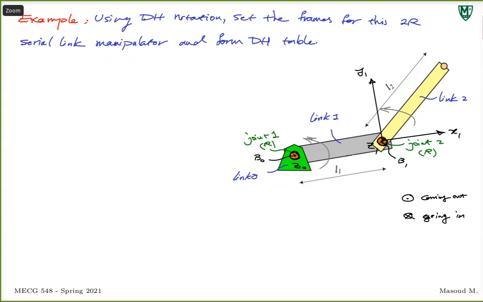Once we find that, we follow the rule for the z-axis. Then we go to joint 1, because it's a joint where we know something about what is before it. If you start from the base link, you don't know anything about the base frame or ground, so you kind of get lost there. So start from 1, follow the rules, find x1. Once you find x1, you know y1. Now you have frame 1 attached to joint 2.